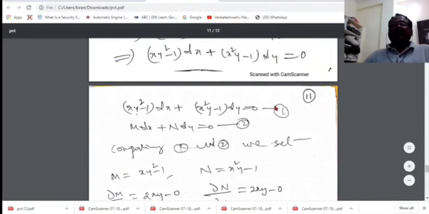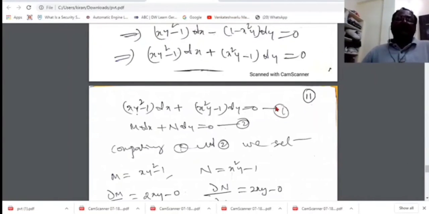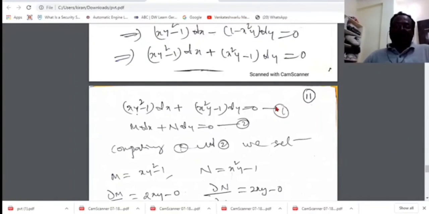Now, what is the general equation of the first order and first degree differential equation? This is M dx plus N dy equal to 0. That is equation number 2. This is the general form of the first degree and first order differential equation.